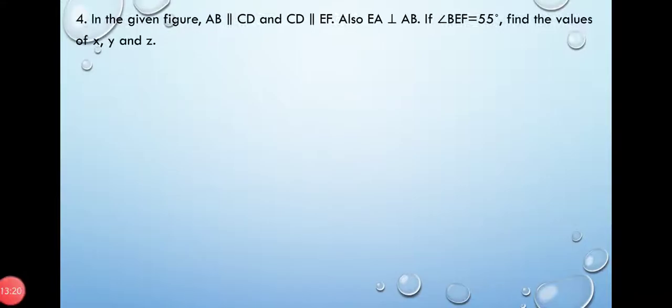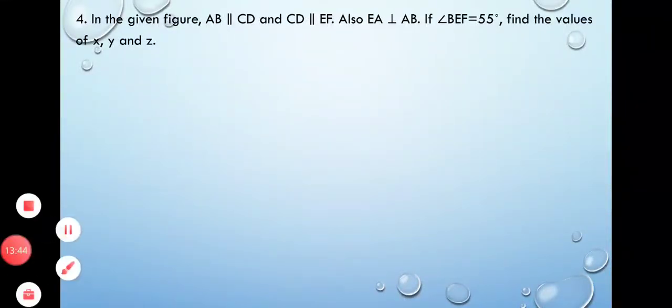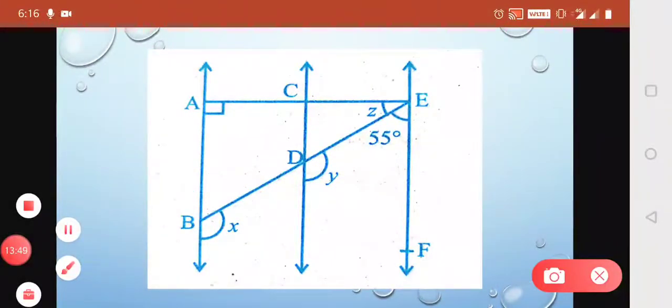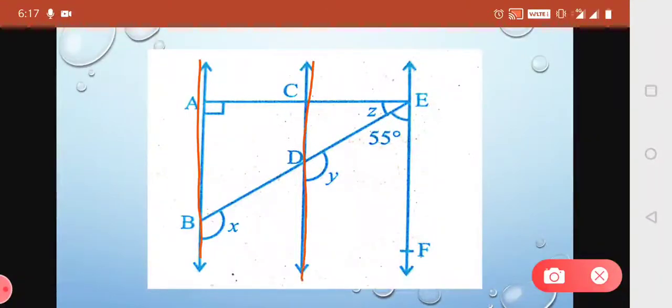Next, question number 4. In the given figure, AB is parallel to CD and CD is further parallel to EF. Also, EA perpendicular to AB. If angle BEF equal to 55 degree, find the values of X, Y and Z. Yes, according to the question, it is given in the figure that this line AB is parallel to CD.